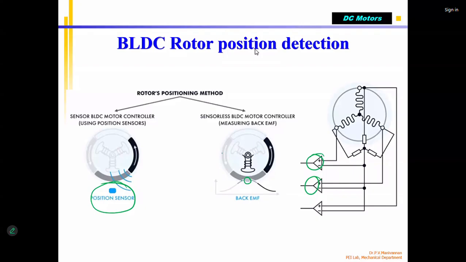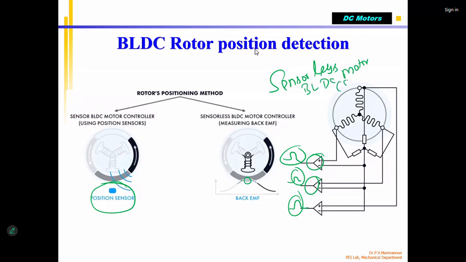The rotor will be pulled by the coil and go to the next, so the coils give pulses one after another. Using this, you can generate this. This is called sensorless BLDC motor control.